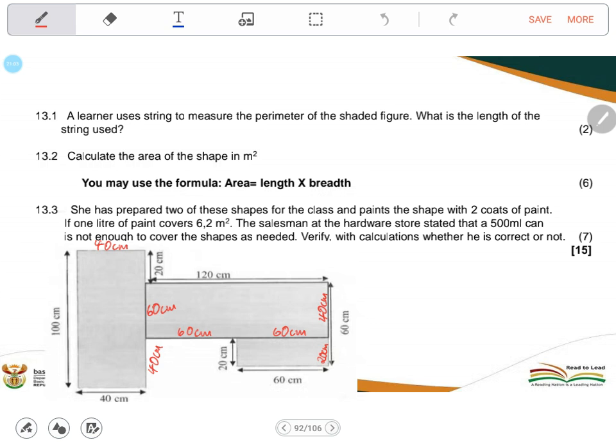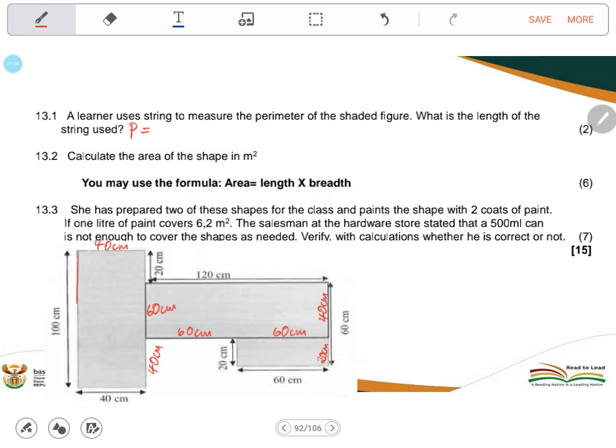So let's try to answer some of these questions. A learner uses a string to measure the perimeter of the shaded figure. What is the length of the string? They are asking us for the perimeter, and we know perimeter is the distance around the shape.